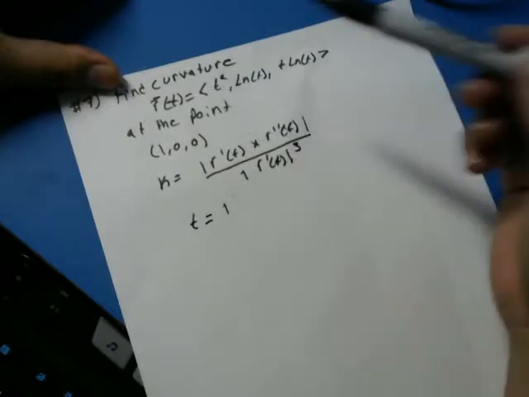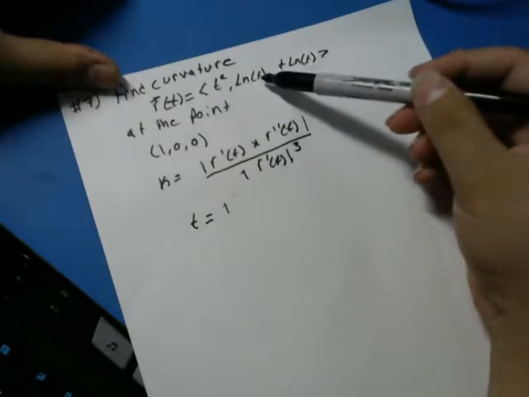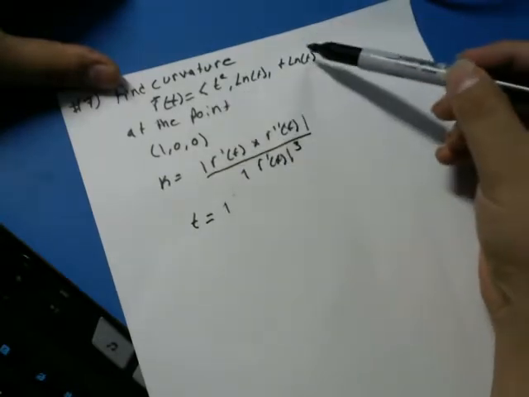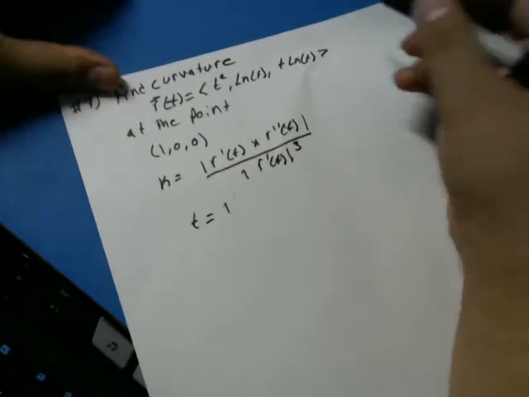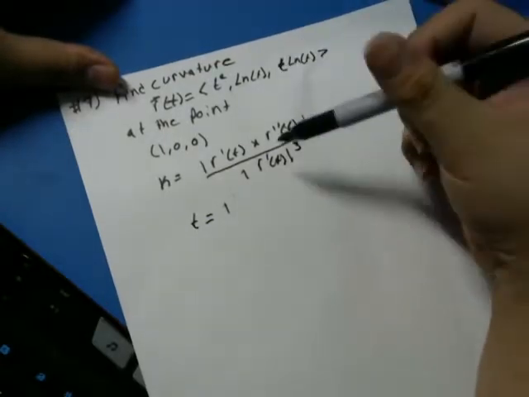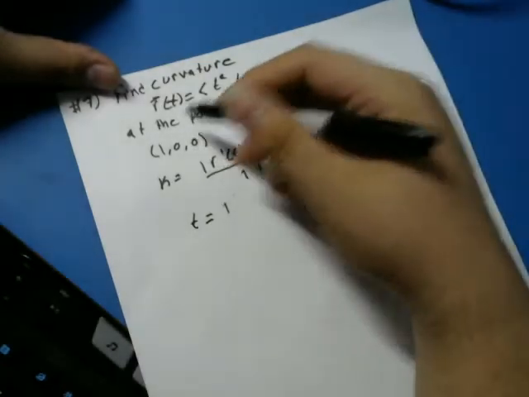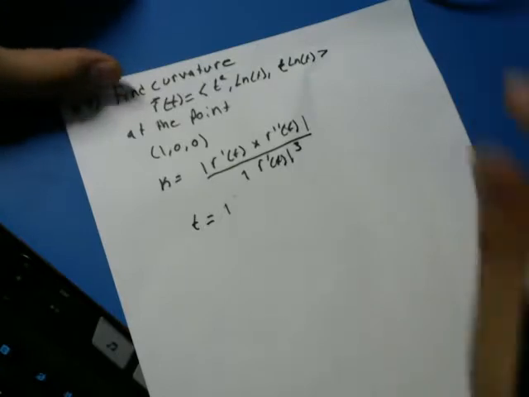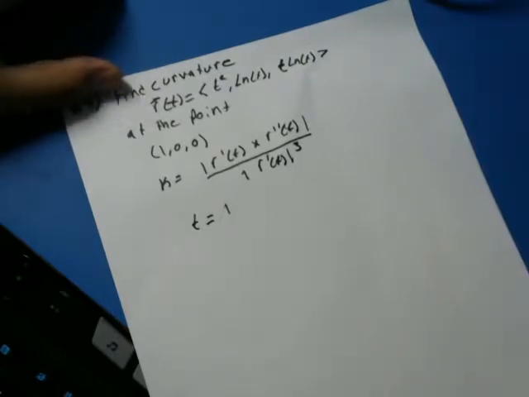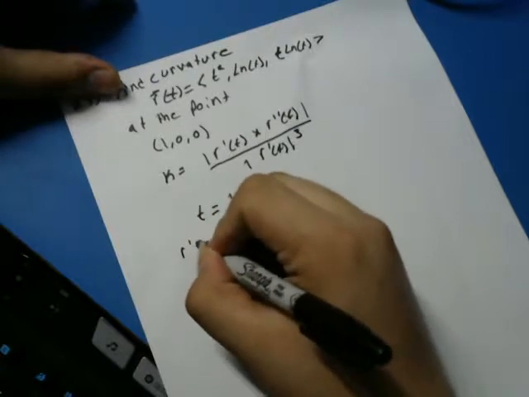You plug in a 1 here, you get 1, and ln of 1 is equal to 0. This is a t, not a plus sign, just to make sure. But you have 1 times ln of 1, which is 0, so we still get the point (1, 0, 0).